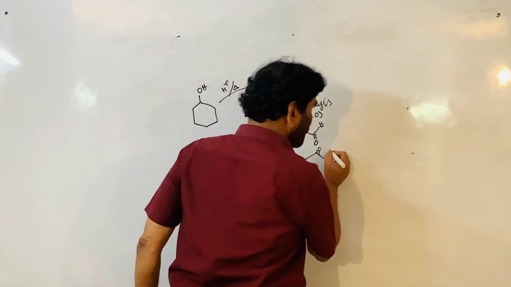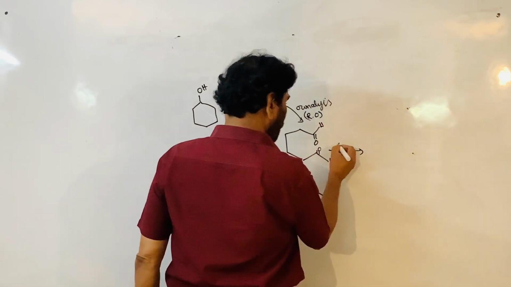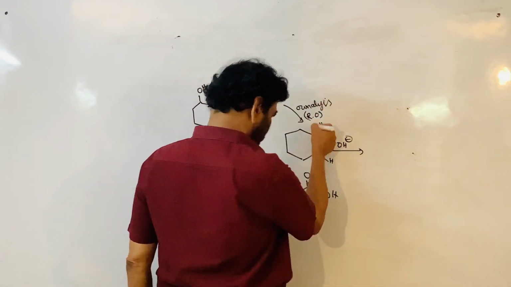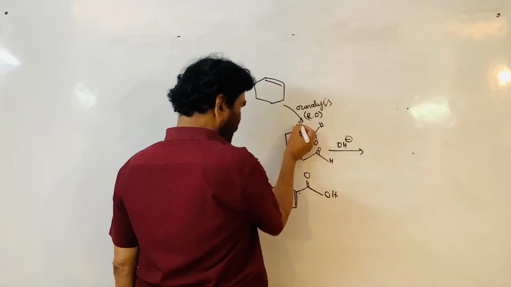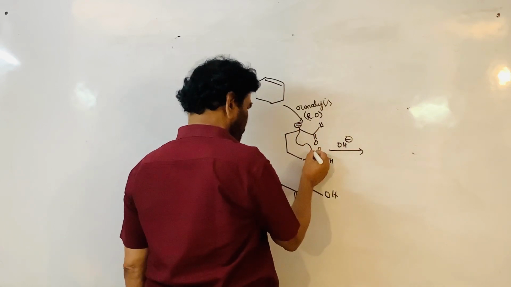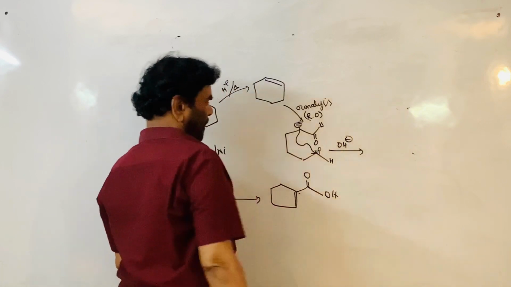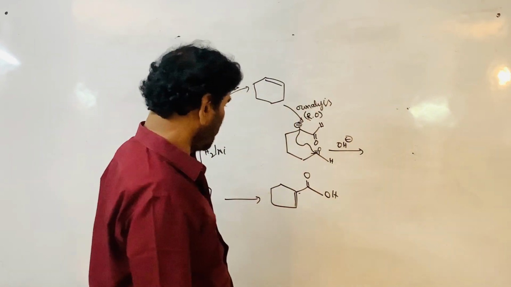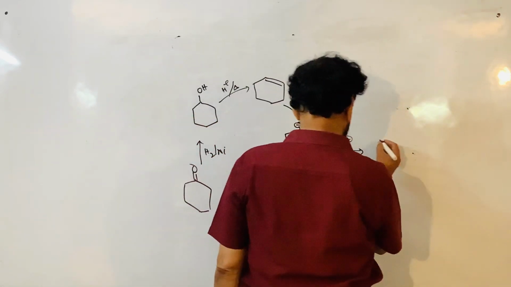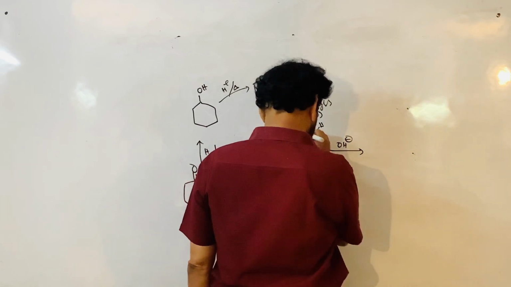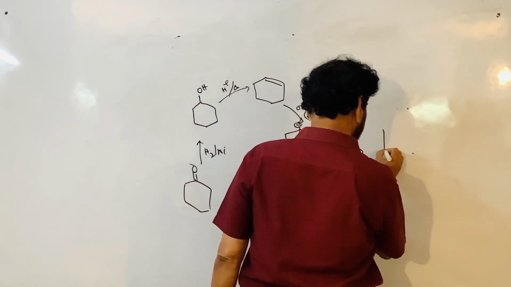Now this on treatment with OH minus, aldol condensation takes place. The carbanion generated here attacks on this. So then what happens? A 5-member ring is formed.